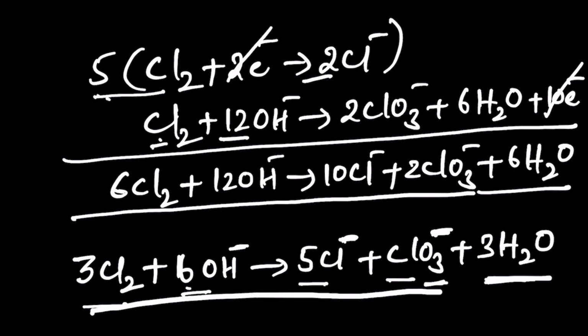But the entire purpose of this episode is to make you understand that it is not difficult to balance the equation in basic medium, because many students get confused balancing the OH minus ions. I repeat, follow the same rules that you have learned in acidic medium up till H plus.